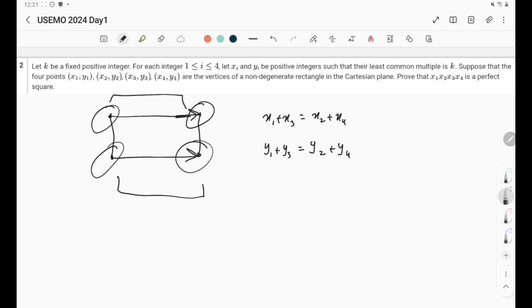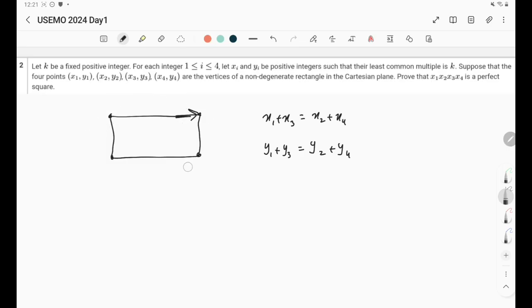Okay, now we already have these two. But this is not enough because this only represents a parallelogram. It doesn't represent a rectangle. So what is something special about a rectangle that the parallelogram doesn't have? You can do it using many ideas. Maybe you can say this is 90 degrees, like perpendicularity here.